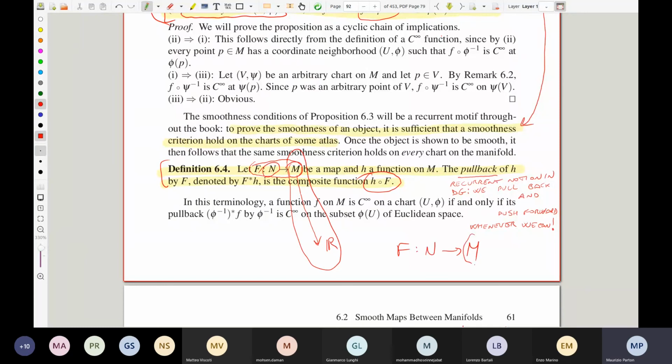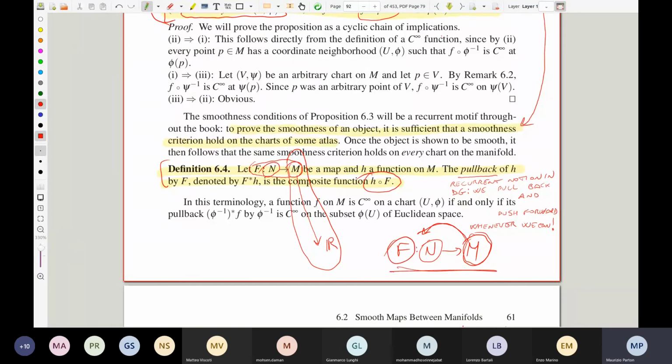You have something here, in this case a function on this manifold, and we would like the same something, meaning an object of the same type here. In this case, we would like a function here. We say we are pulling back what we have here, because this was here, and we are pulling it back by using this function.